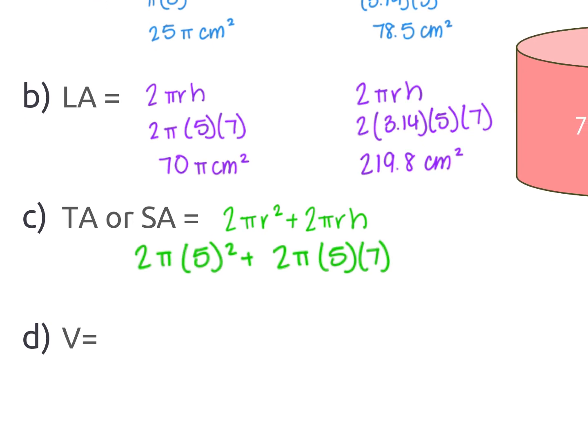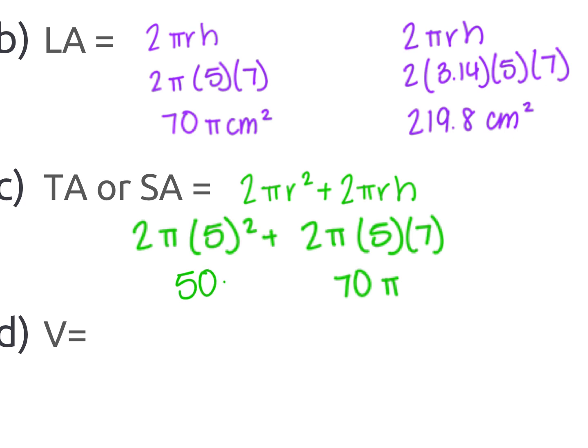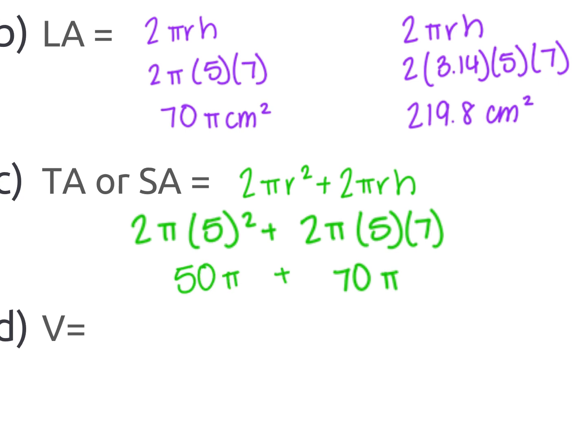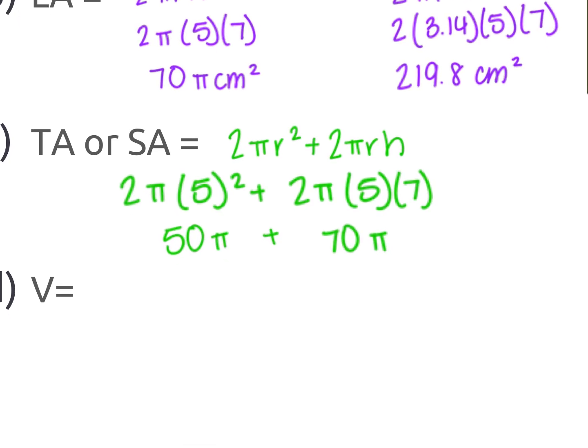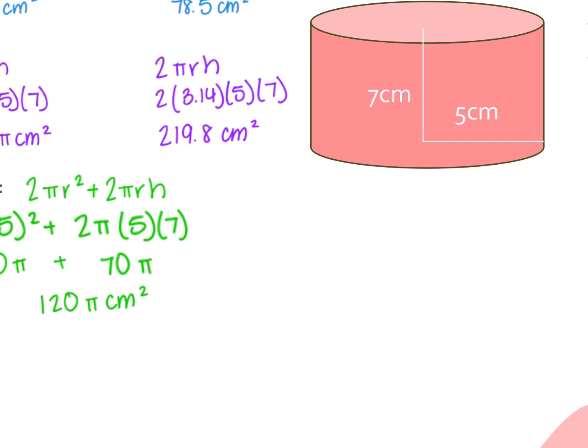We solved this one already. We ended up with 70 pi. Keep in mind I'm leaving it in terms of pi. And then 5 squared was 25 times 2 gives me 50 pi. All I'm doing is adding these two together. If I added correctly, I'm going to get 120 pi centimeters squared. That's my total surface area, in terms of pi.